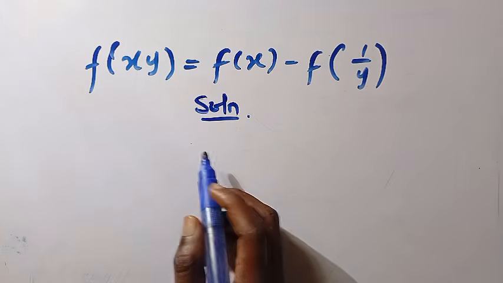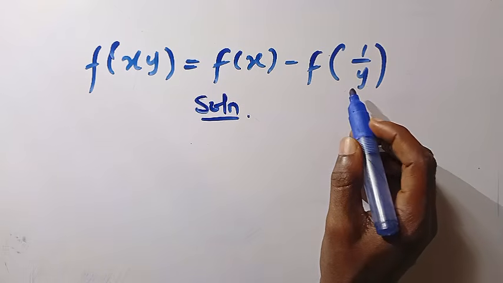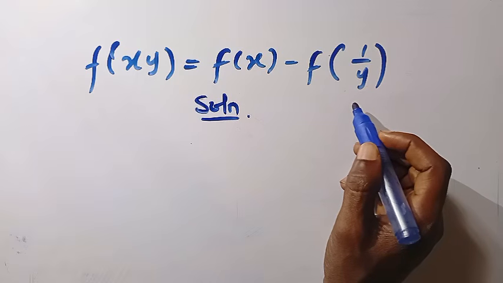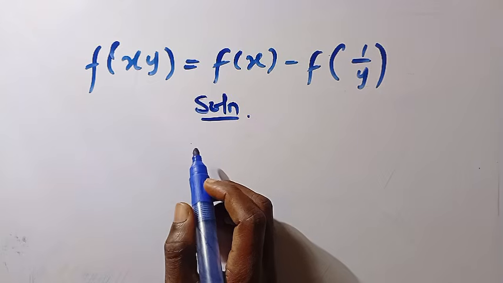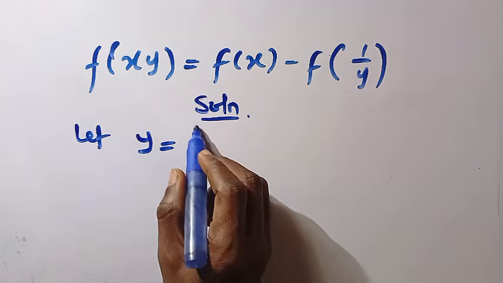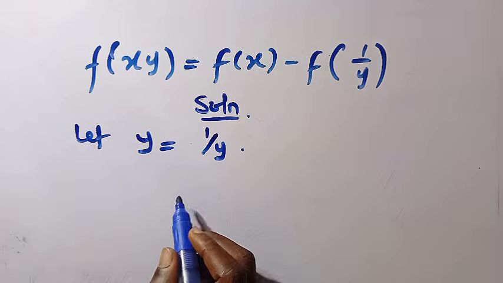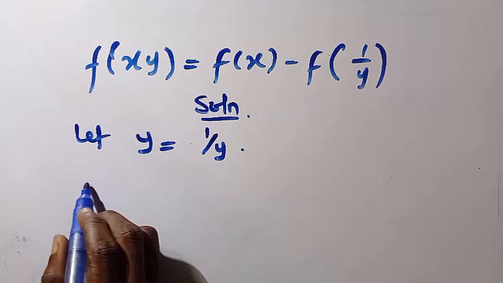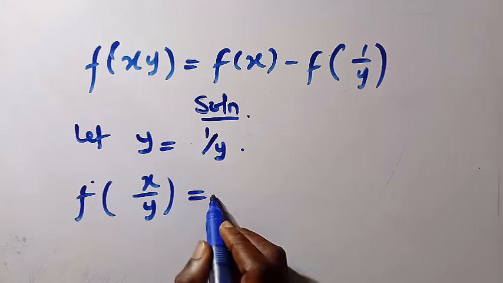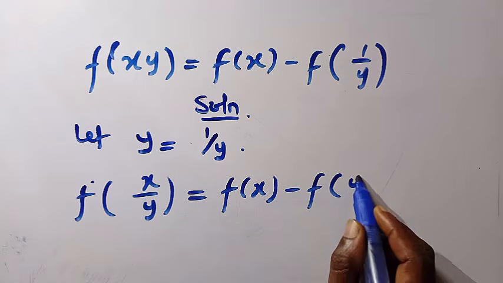First, if you have f of 1 divided by y, we can see it as f of y to the power of minus 1. And again, suppose I want to transform this. If I let y be equal to 1 divided by y, then we have f of x over y equals f of x minus f of y.